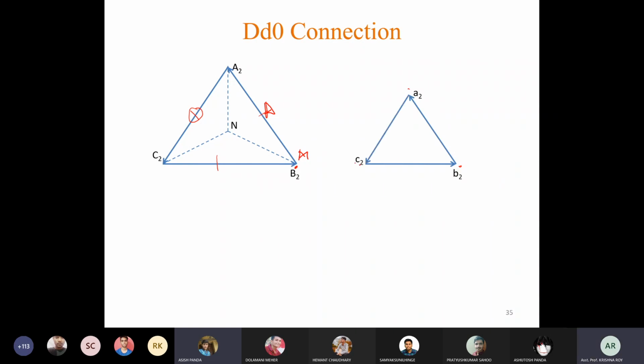Okay. Now if we take this one as B phase, which means this one will be B1, similarly we will be able to fix or identify this one as the B phase of low voltage side and this one will be small b1 terminal.